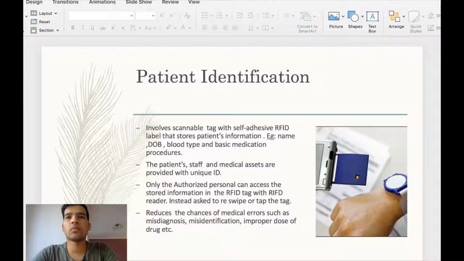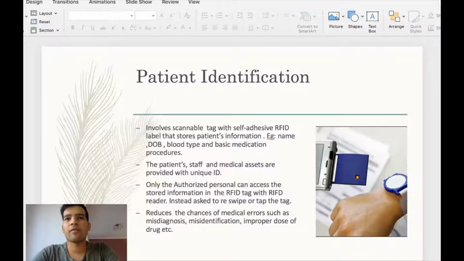The second one is patient identification. With the growing number of patients, there is a high chance of misidentifying the patient before, during, and after the medical treatment. Patient misidentification is a major issue causing medical error in hospitals.